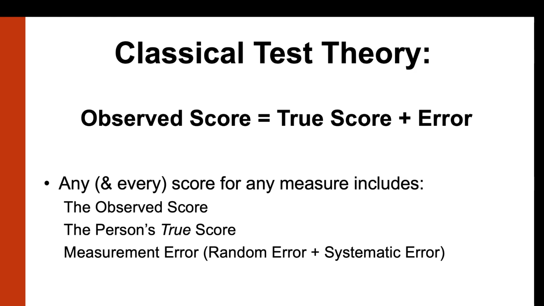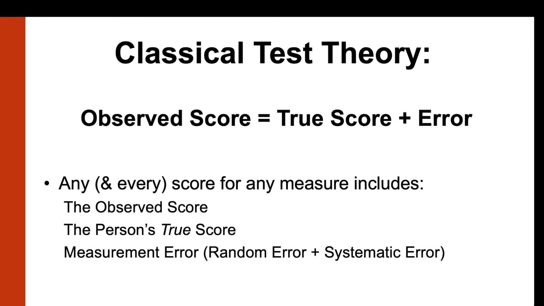In personality, this is particularly true because personality variables, we assume, are trait variables, and they don't tend to change that much. But whenever you're measuring a personality characteristic, there is another source of error that contributes to the score, and that is the person's state or their mood. That has an impact, and we know mood changes quite a bit, or it can change.